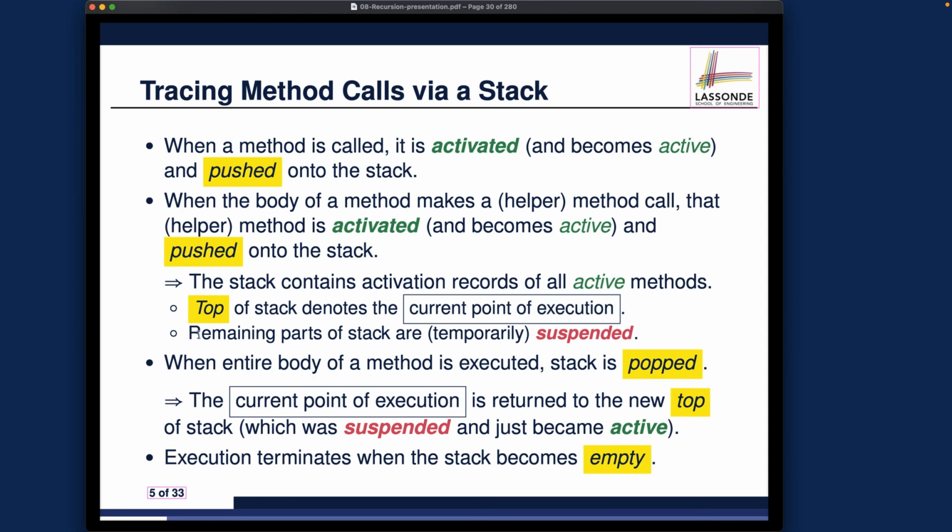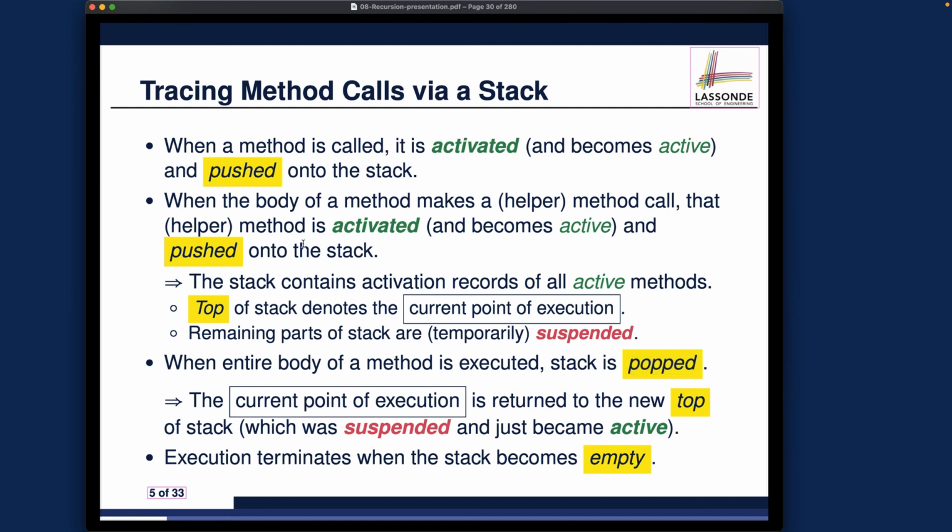And the remaining parts of the stack will just be suspended, right? Meaning that they are not gone, but at some point we should reach those temporarily suspended methods one by one, from top to the bottom of the stack, right? And every time we remove some method from the stack, after we have executed the method, it is so-called being popped or just removed, right?